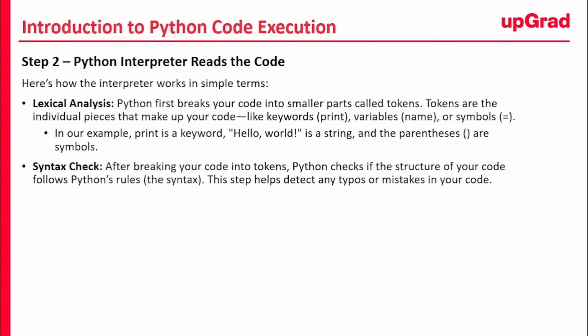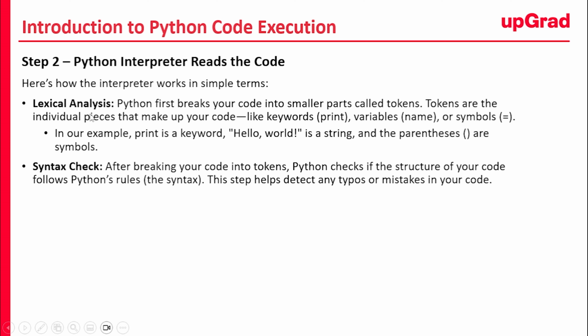Now comes step number 2, where the Python interpreter reads this code. Once you run your Python file or maybe just press enter in the Python shell, Python's interpreter steps in. Think of an interpreter as a translator that reads your code and turns it into something the computer can understand. Here's how the interpreter works in simple terms.